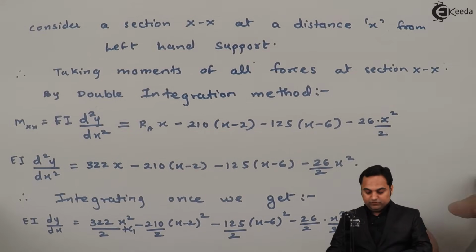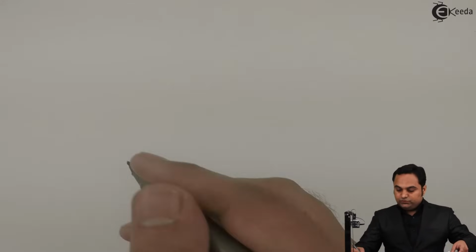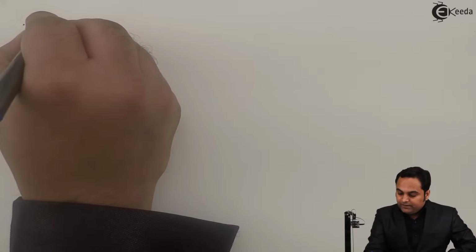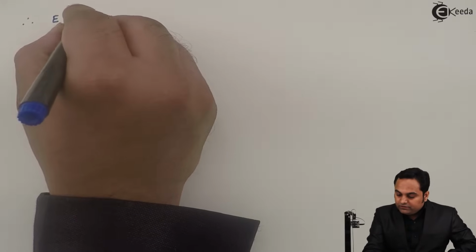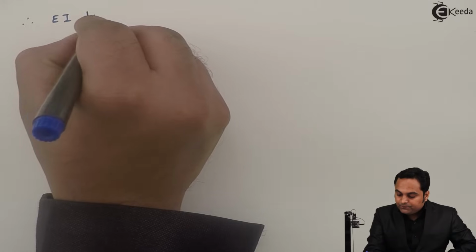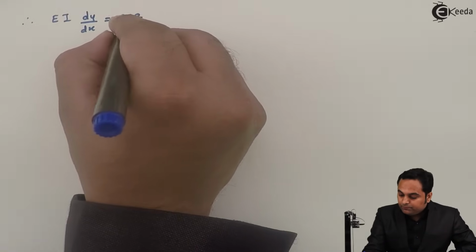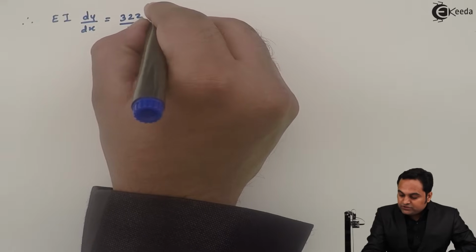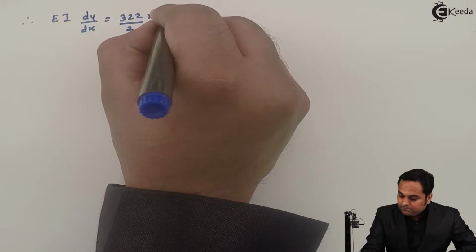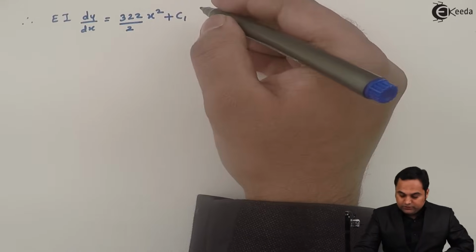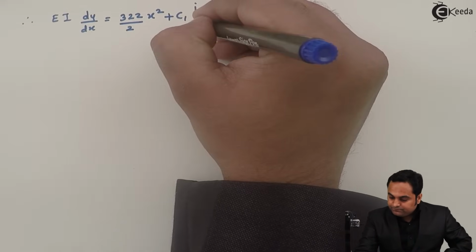So I'll write it in a better manner. EI dy by dx will be equal to 322 by 2 x square plus C1. This is the first term.